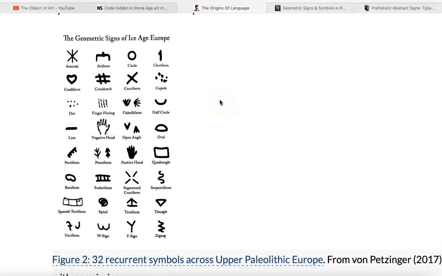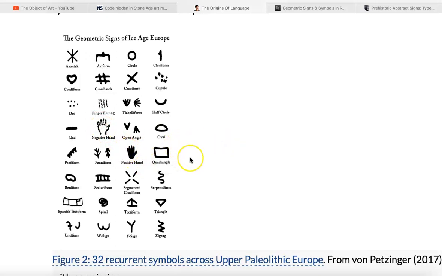cupule, dots, finger fluting, flabelliform, half circle, line, those hands that I showed you, the negative hand, open angle, oval, pectiform. That's a comb. That's something that looks like a comb or a fork. Penniform. I guess that means it looks like some kind of pine tree. Positive hand. So there's negative hand, positive hand.